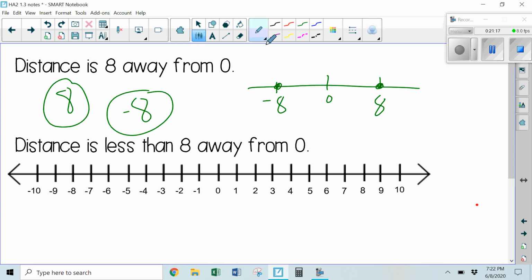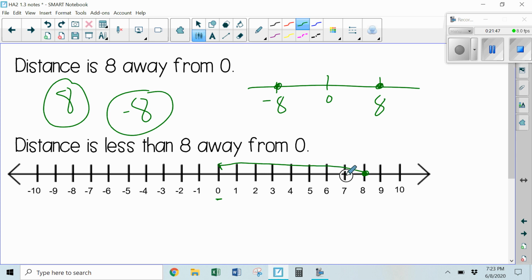Now, what if it says distance is less than 8 away from 0? Well, let's think about that. So if I'm at 8, here's 0 right here. 8 is exactly 8 away from 0, but I want anything that's less than 8 away from 0. So 7 is less than 8. All of these numbers are less than 8 away from 0.